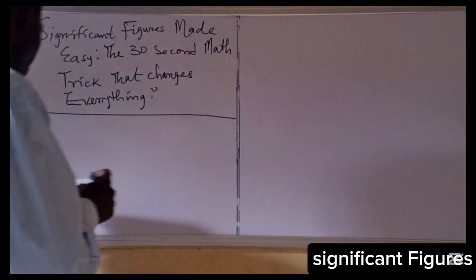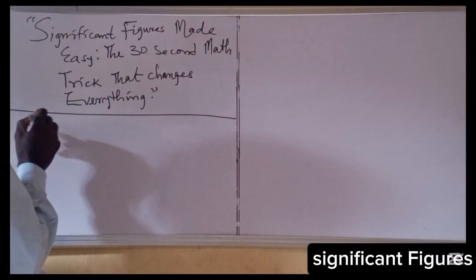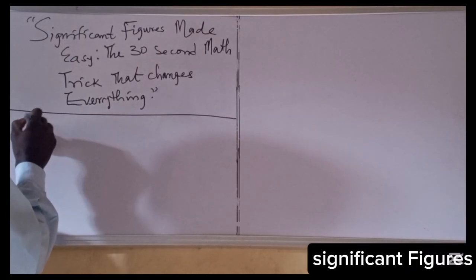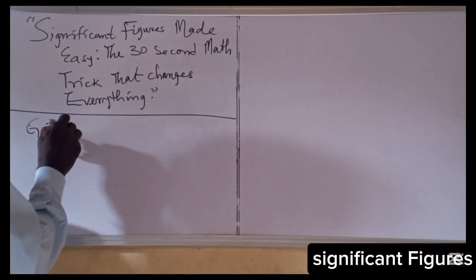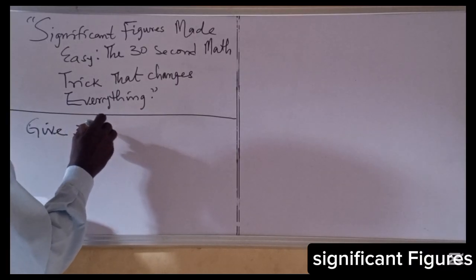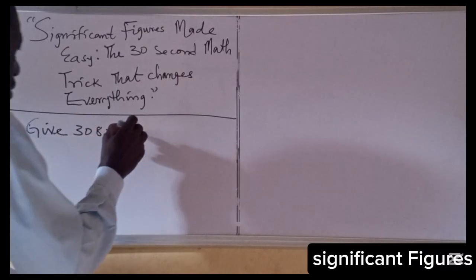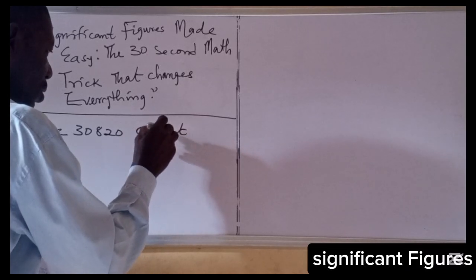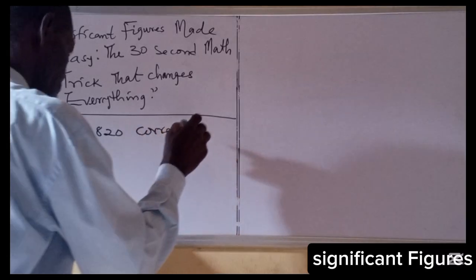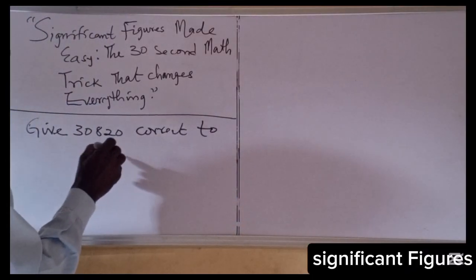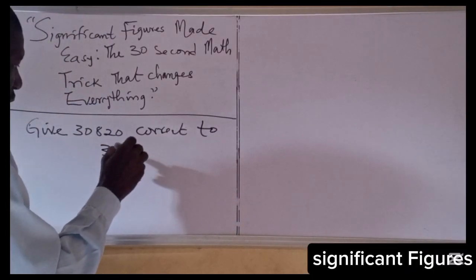For instance, let's say you are given: give 30820 correct to 3 significant figure.